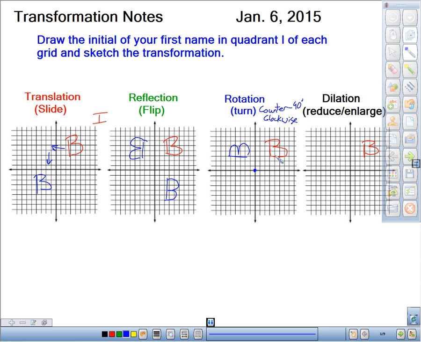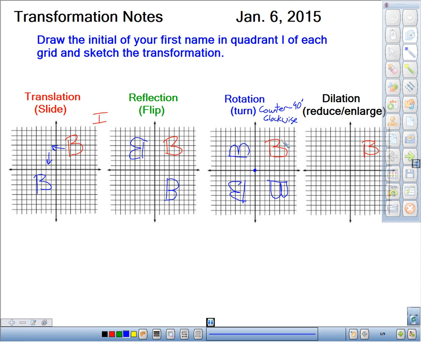If I rotated a full 180 degrees, the B would look something like this, if I can get my pen to draw. There we go. So that would be a 180-degree rotation. Or if I wanted to go 90 degrees clockwise, then my B would look something like this. Again, all of these rotations are occurring around this central point.